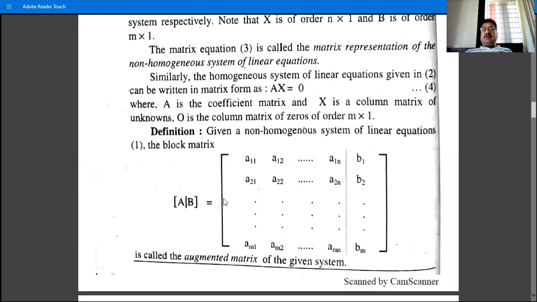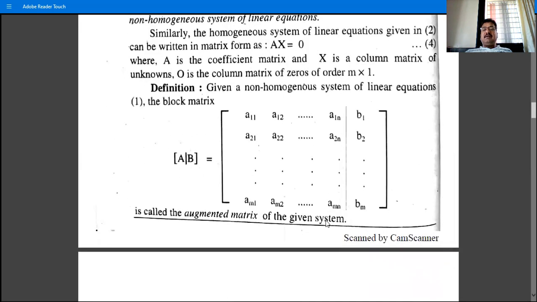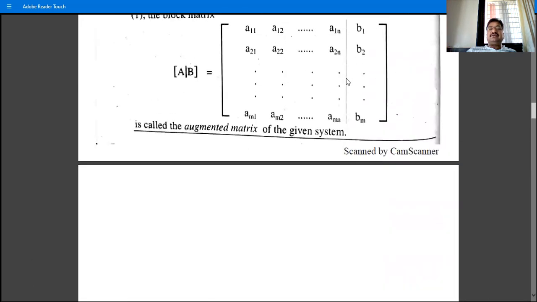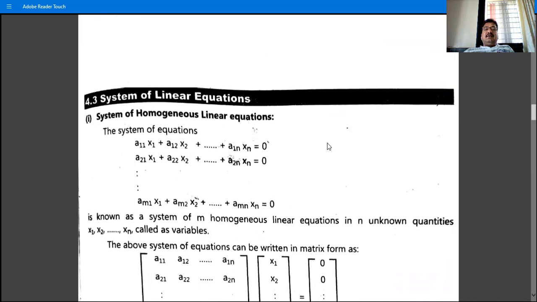This combination of A and B is called the augmented matrix of the given system, and is denoted by A oblique B in square bracket. This is the notation for the augmented matrix: the matrix of coefficients and the matrix of constants. This combination is called [A|B].